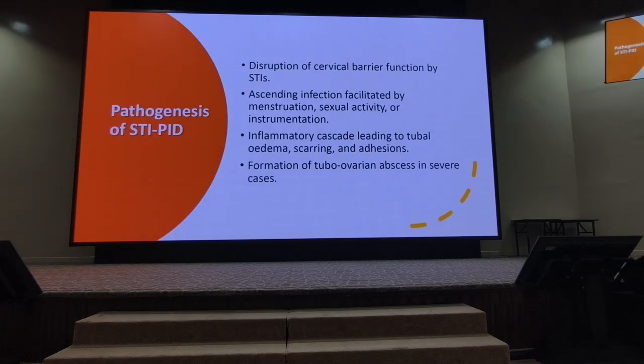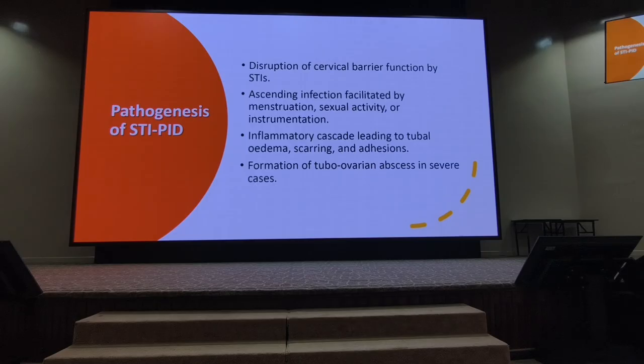So the pathogenesis of the STI and PID is, of course, as we said just now, an ascending infection. So the cervical function is a barrier. The columnar cells of the cervix produce fluids and it's protected, so it's not easy to get access to the endometrial cavity unless there's a compromise. When is there a compromise? During the menstrual cycle.